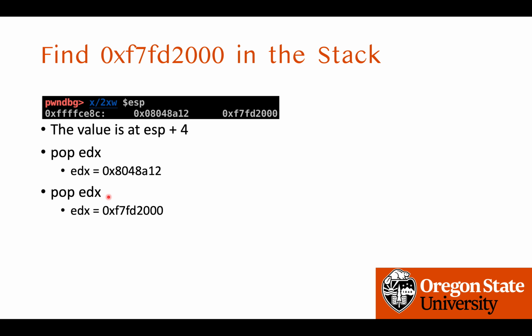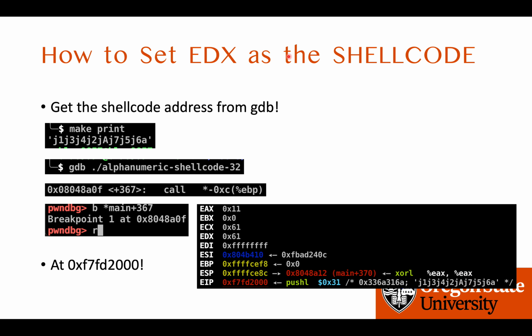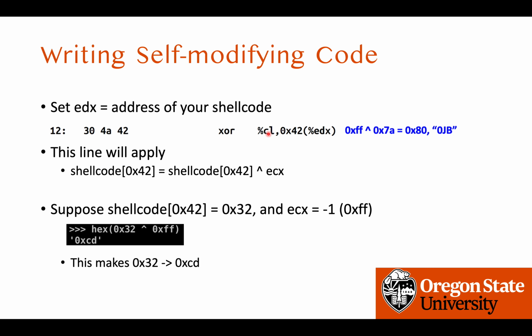So by combining all the skills, such as popa for changing all the register values, and also pop EDX and setting the value of the EDX as a shellcode address and applying XOR, you can create the self-modifying alphanumeric shellcode.